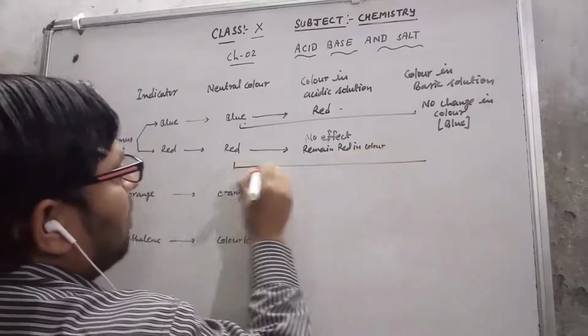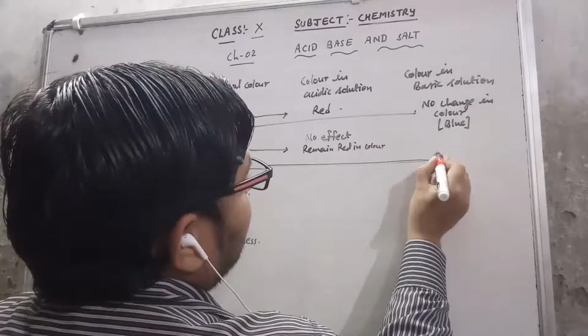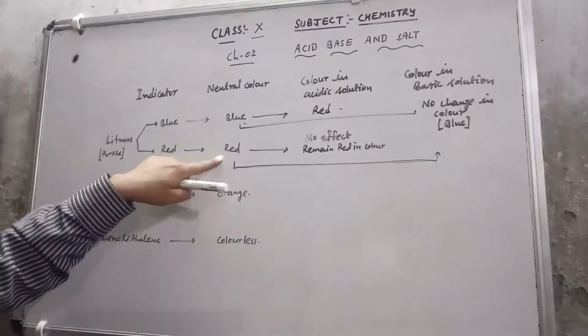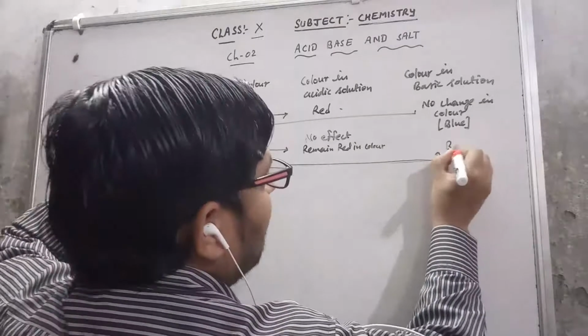Now if I put the red litmus in basic solution, then the red litmus turns into blue in color.